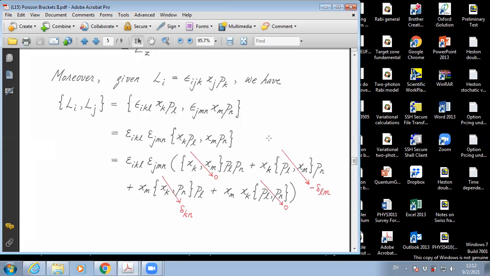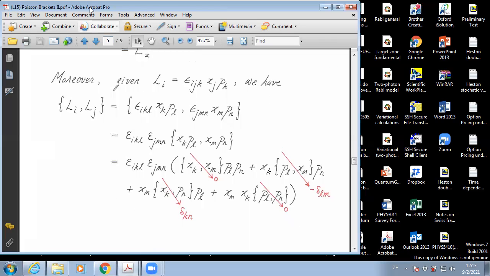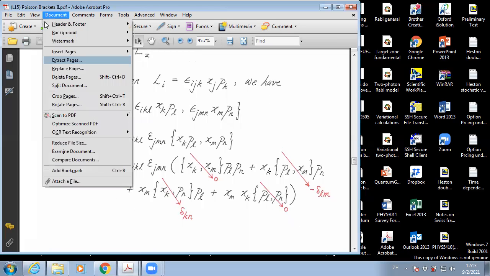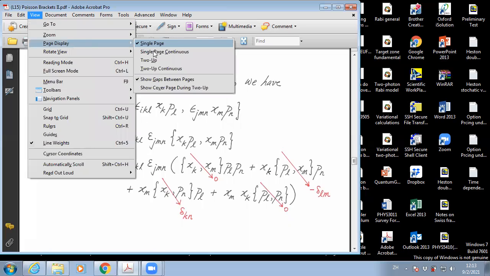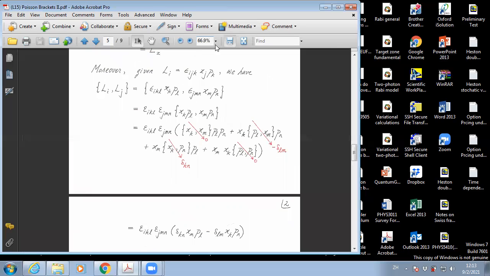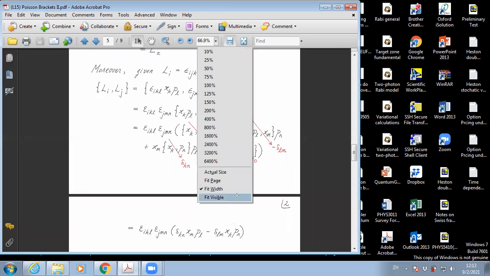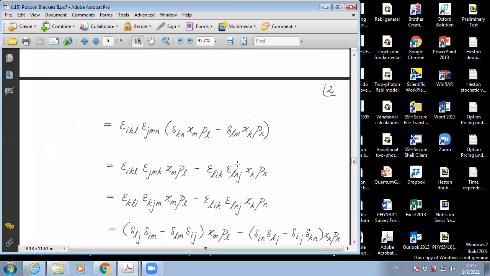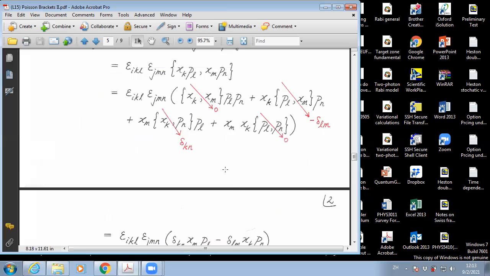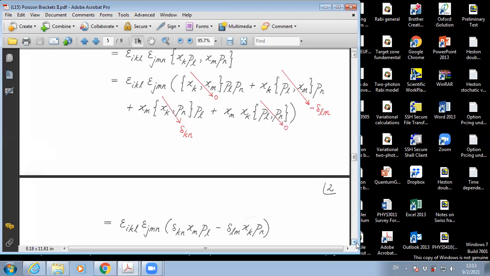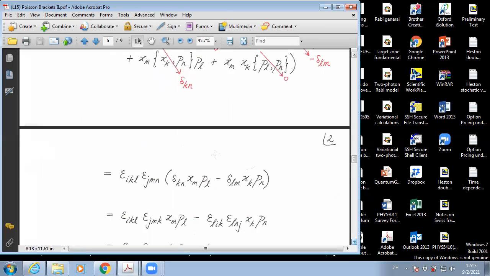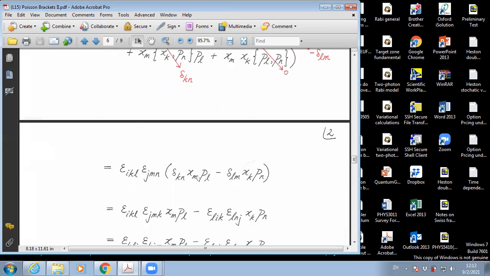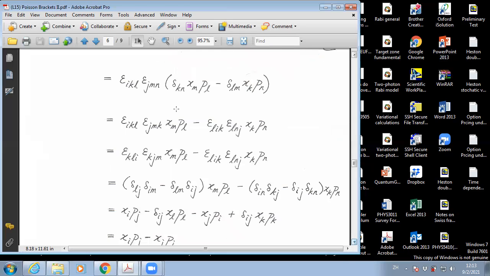So we apply the fundamental Poisson brackets, and we realize that they can be evaluated very easily. So 2 terms are left. All right. Now, we try to simplify these 2 terms.